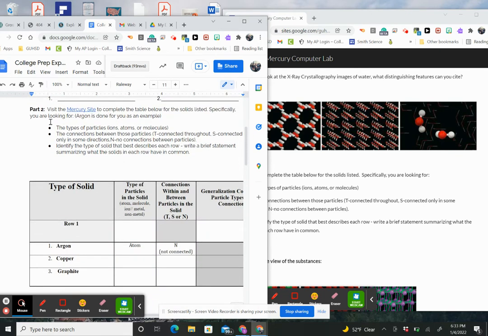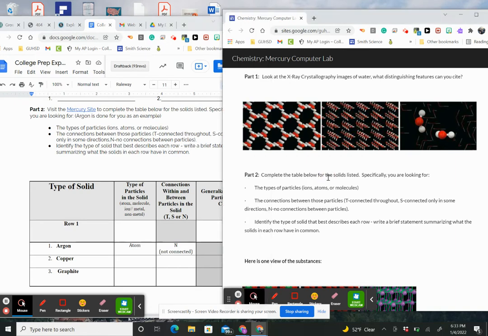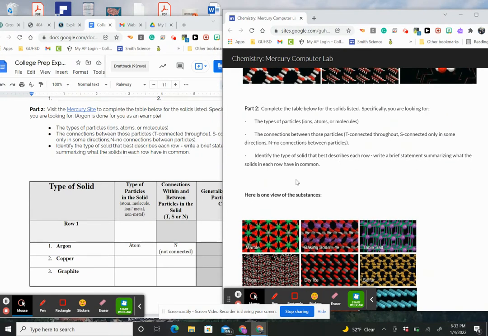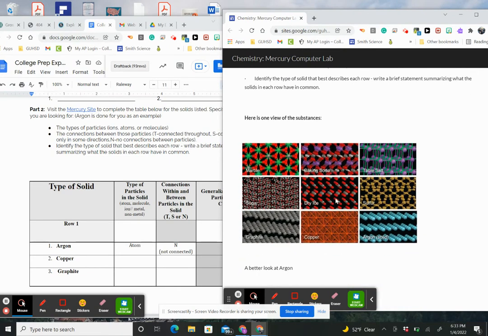Then it says, visit the Mercury site to complete the table below for the solids listed. Specifically, you are looking for argon. On this website, I put part 2 right here. So I'm going to look at argon, and argon is not connected. They're just blue spheres.